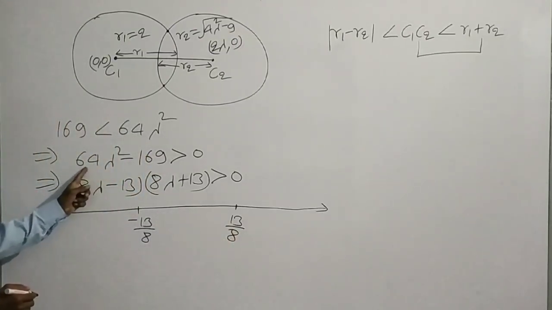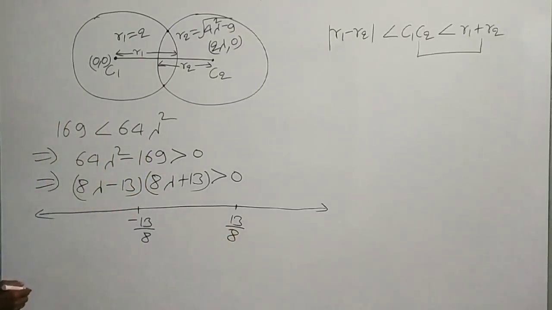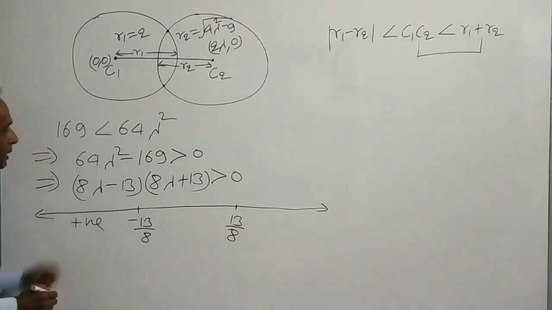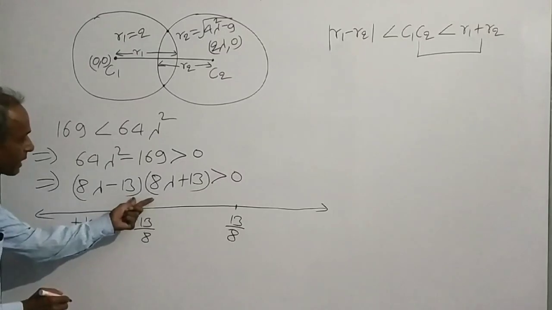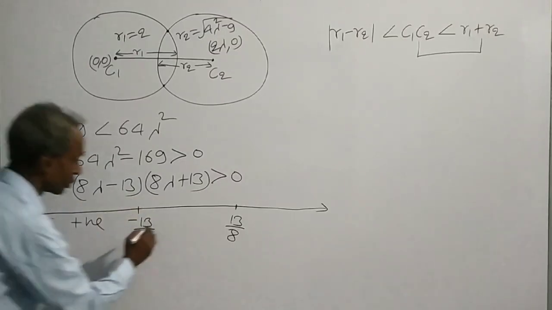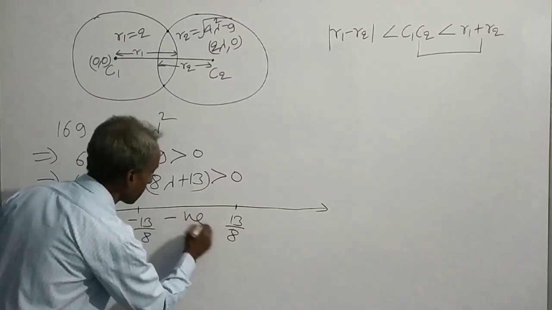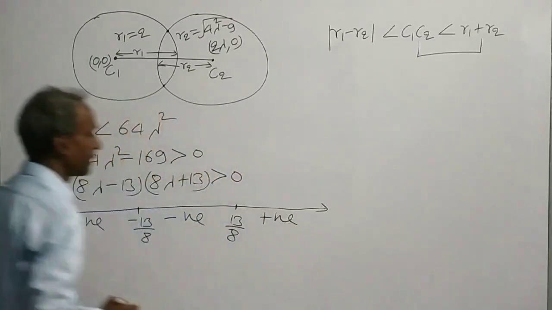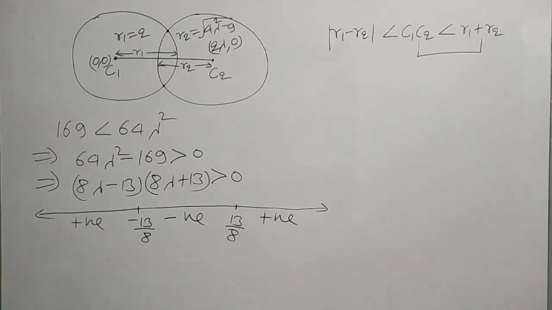Coefficient of lambda square is 64, that is positive. Therefore, in this interval, sign of this expression will be positive. In this interval, sign will be negative. In this interval, sign will be positive.